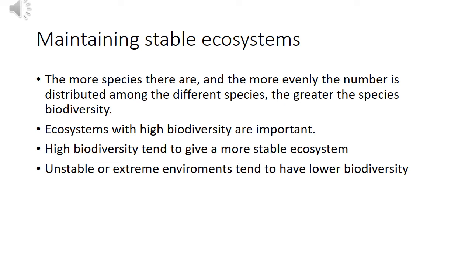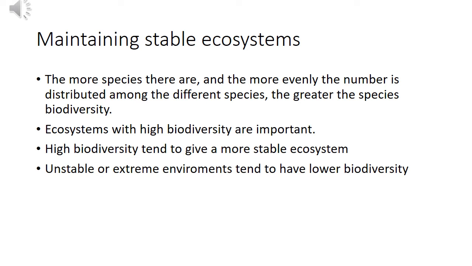So the more species there are, and the more evenly they are distributed among the different species, the greater the species biodiversity. In general, ecosystems with a high biodiversity tend to be more stable. High biodiversity will make the ecosystem less likely to collapse, and on the other hand, unstable or extreme environments tend to have a lower biodiversity.